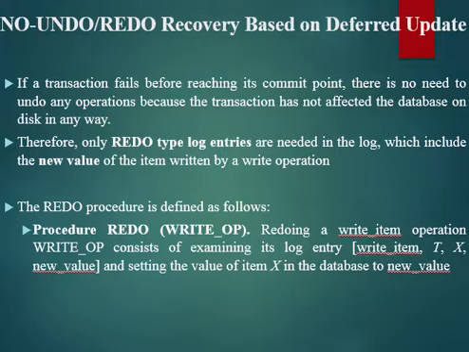So there are two types of operation, undo and redo. Undo is done if the transaction started but not committed, or no record is found regarding commit, and redo is done if the transaction started and there is also a commit record in the system log.